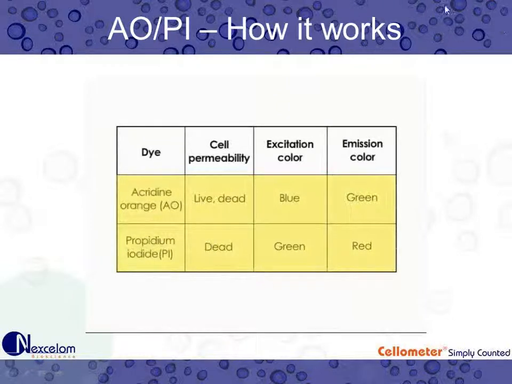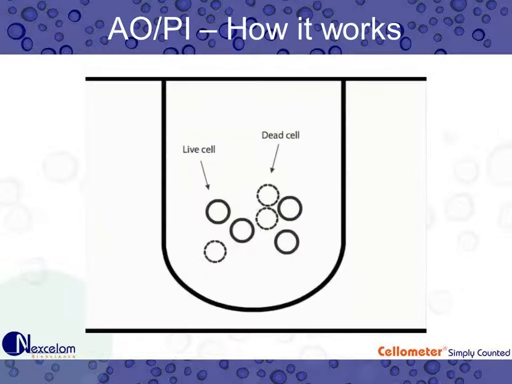Acridine orange and propidium iodide are nucleic acid binding dyes. They produce strong fluorescence after binding to DNA. AO is permeable to both live and dead cells. PI is only permeable to dead cells.